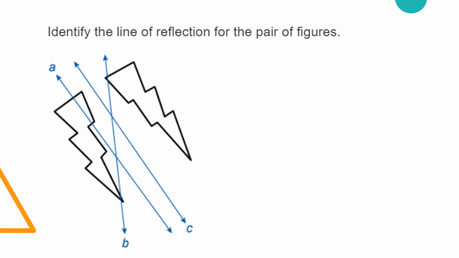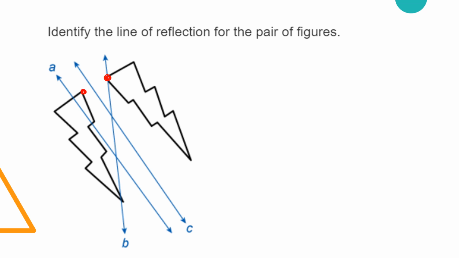Identify the line of reflection for the pair of figures. So again, we need to decide which one the corresponding points would be perpendicular to and would match up with an even amount of distance. So B is really close to this corner, but really far away from this corner.